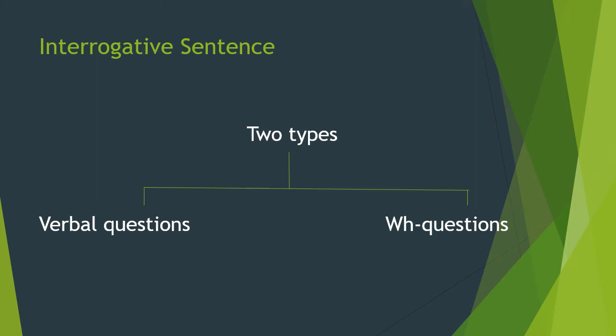That is, if you ask the question, you will get yes or no as the answer. I will give you another clue how to identify a verbal question. It begins with is, was, are, were, etc. And WH question begins with why, where, how and what.